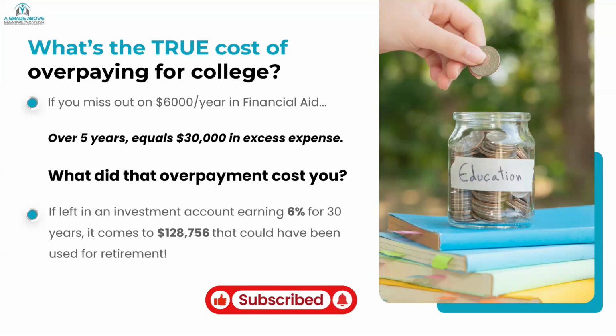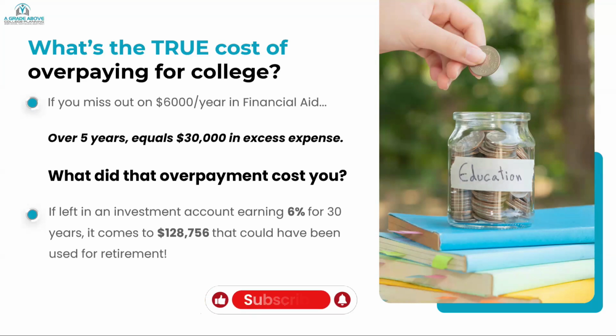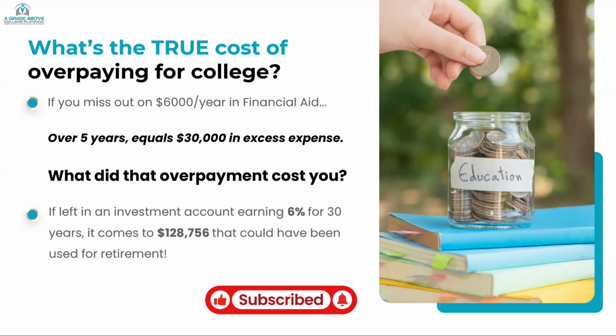So you may have only overpaid 30 grand, but the impact is more like 130 grand when you look at the big picture and the large grand scheme of things. So not overpaying is really the objective, right? Is the goal. So going into the challenge.